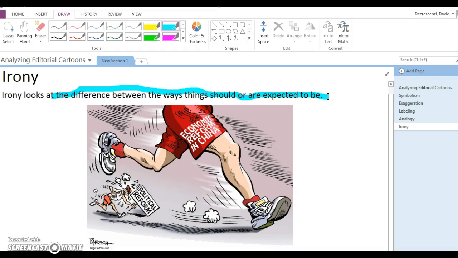If we look at the cartoon below, it represents the tremendous amount of irony in China when it comes to things economically and politically. The Chinese government has been communist since 1949, but a sense of capitalism has been embraced by the Chinese people in recent years, as well as economic reforms by the government.